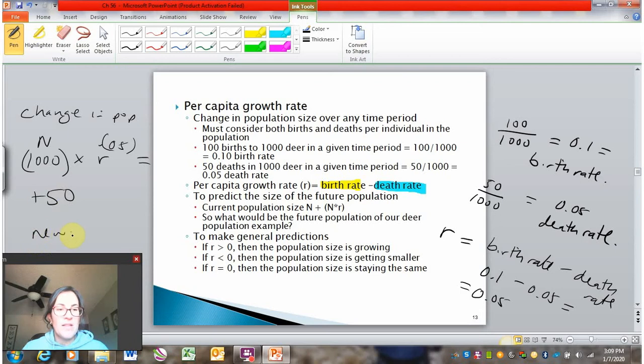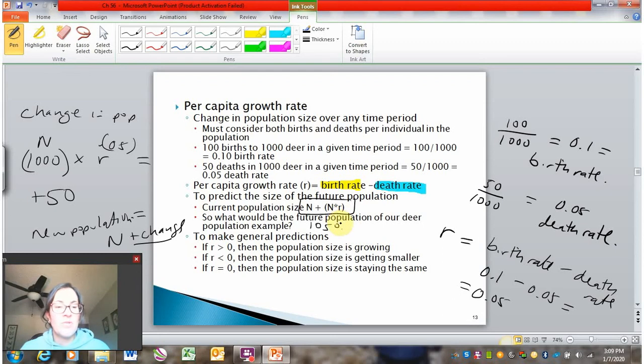So the new population is equal to the original population size plus the change. So in this case, 1,000 plus 50, which would be 1,050. So that's written in equation form here. The future population size is equal to the current population size, N, plus N times r. So this deer population would be 1,050 in the future.